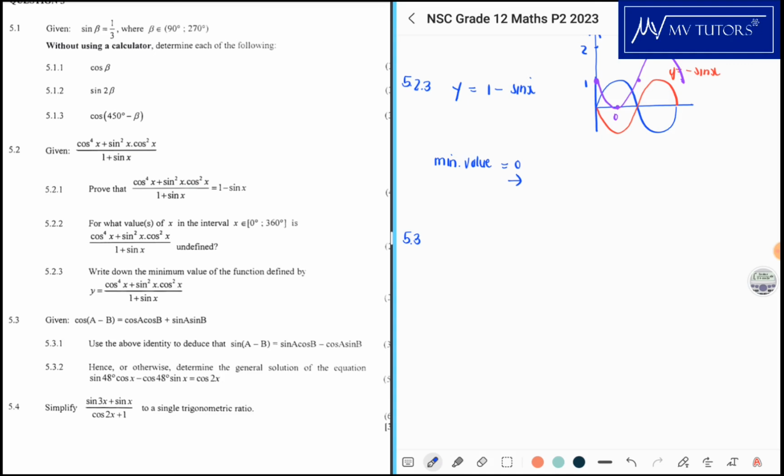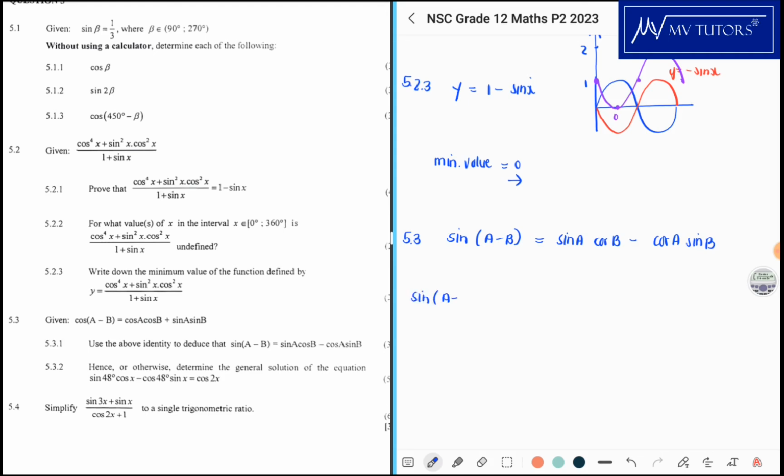How can we then prove that sine A minus B is equal to sine A cos B minus cos A sine B? How are we going to do that? All right, so let's start.